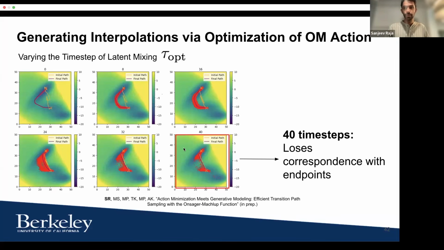And eventually, this is similar to Ezra's question, if you go too far, when you decode back to the data space, you lose the correspondence with the endpoints that you specified for the OM optimization.